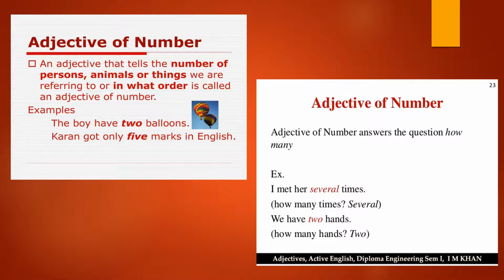They tell us how many persons or things are meant. They are always used with countable nouns. So, adjectives of number answer the question how many. An adjective that tells us how many persons or things are meant is called the adjective of number.